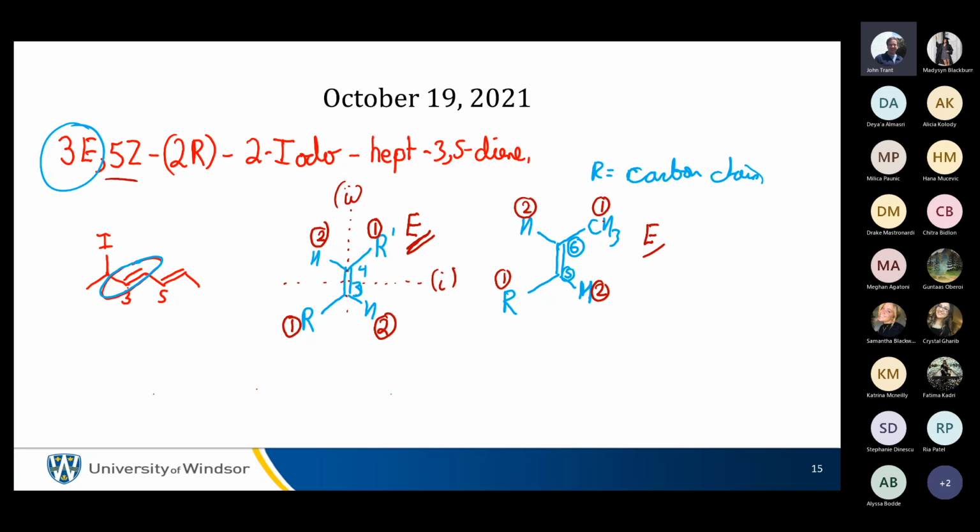But 5 is not E, 5 is Z. So this is the wrong double bond. So what this needs to be is that, because that's Z. Here, the two higher priority groups are cis to each other, and they're on the same side, so it's a Z double bond.